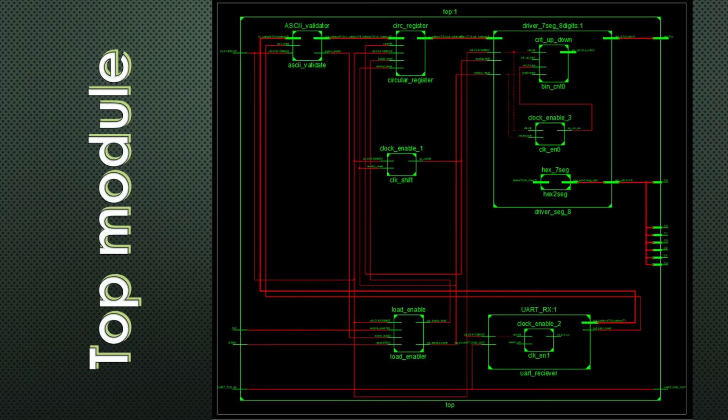Now we are going to talk about the circular register module, which is right here. This module connects 8 simple registers, and each of them is used for 1 bit weight. When we initialize this circuit, all registers are filled with zeros, except for the register at position 5.